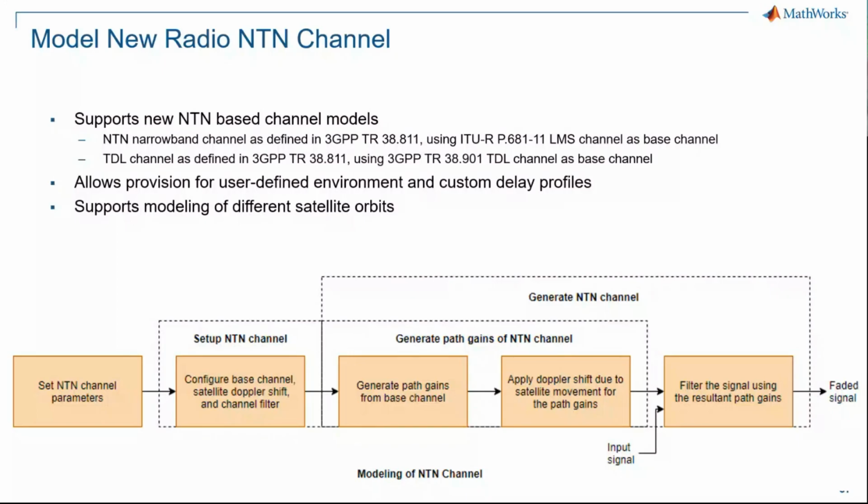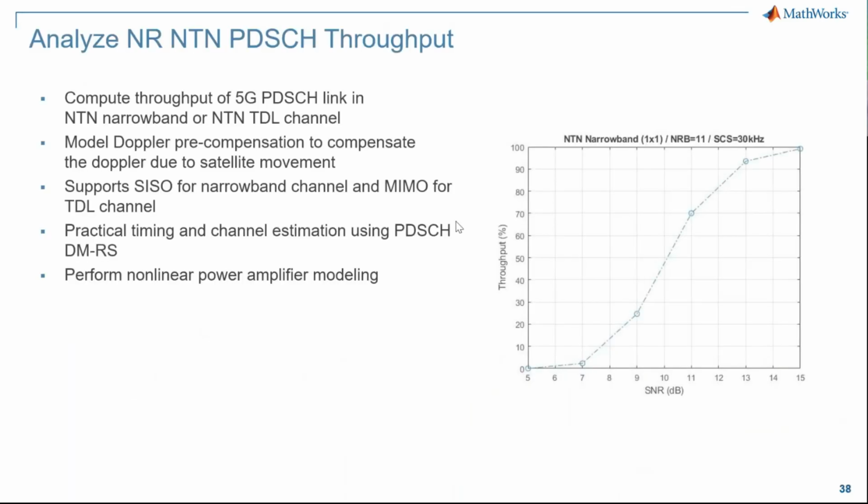Topic of the moment, 5G NTN. So as I said at the very beginning, we provide a 5G toolbox. We provide a satellite communication toolbox. So of course, one of the things we want to make sure is that these two work together so that we can model 5G NTN. And we already provide examples in the satellite communication toolbox for 5G NTN, especially this one.